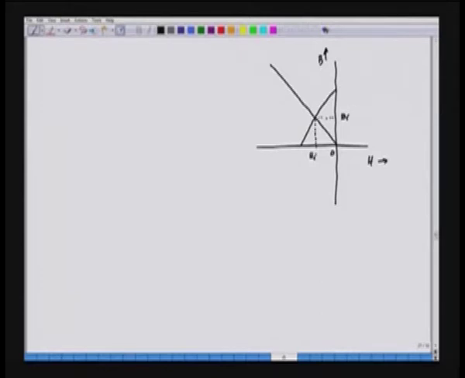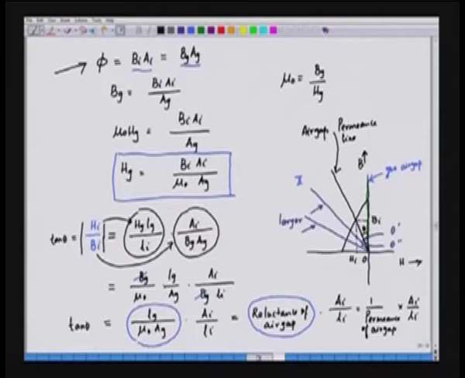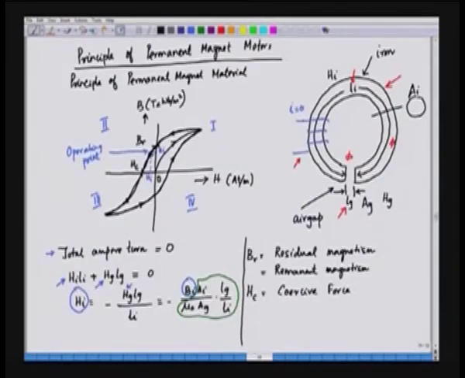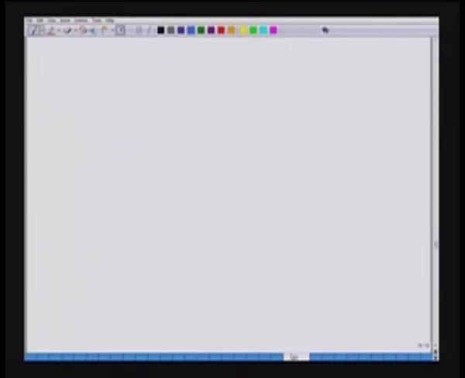Now, suppose we increase the value of current here. We have a winding in this case, and in the winding, we can pass some current. Now, when the current becomes positive, Hi was negative, Hi will gradually increase. So, if Hi increases by increasing this current, what happens here?